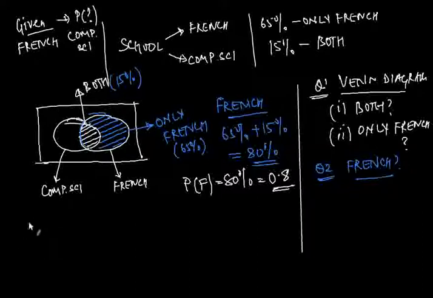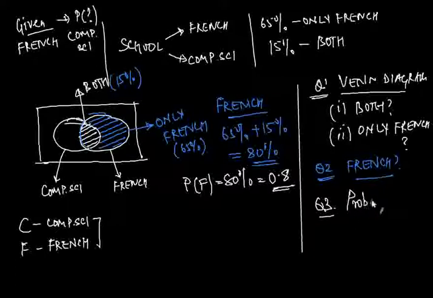Well, let's define two events. C is the event that a student studies computer science, and F is the event that the student studies French. Given these two events, and this is my third question to you, what is the probability expression? I'll give you four choices, so you can just pick from them.